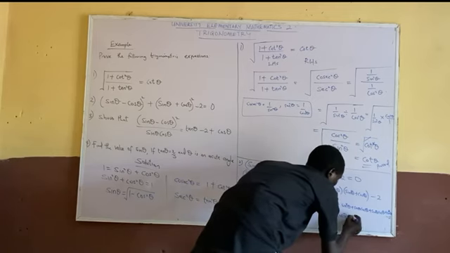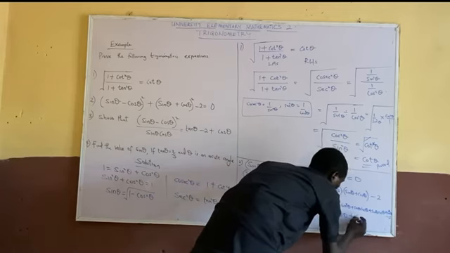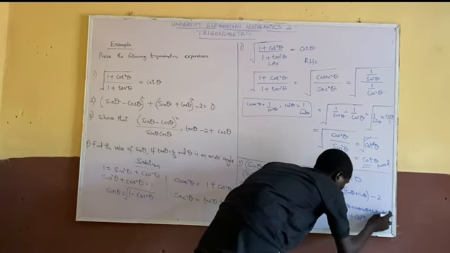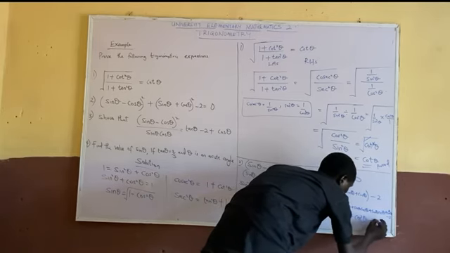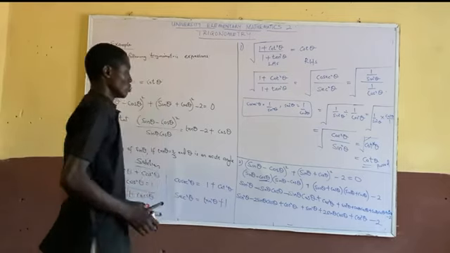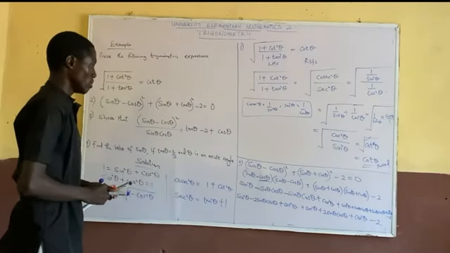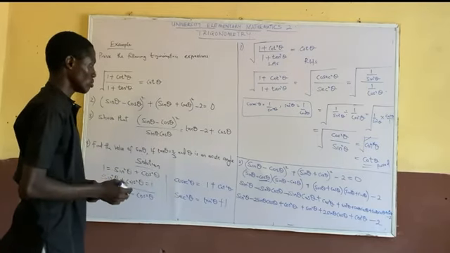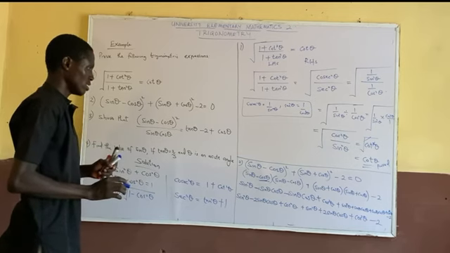Now plus cos square theta, the one that is here, minus 2. Now please let's see this thing and this thing carefully.